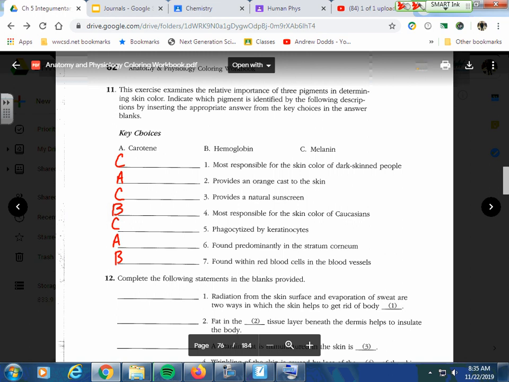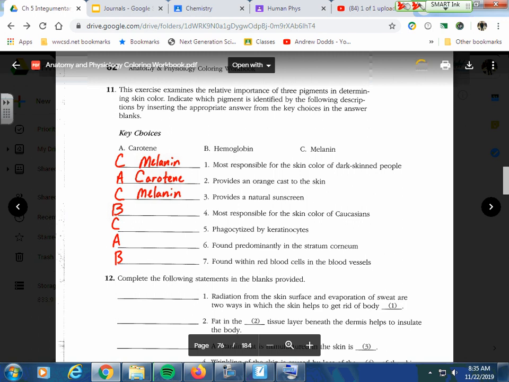So melanin is most responsible for the skin color of dark-skinned people. Carotene with a C. So remember, do not mix up carotene with a C with the tough fibrous protein called keratin with a K. This is carotene, like carrots. Carrots are orange. So is this pigment. All right, melanin is a natural sunscreen, but it can't do everything.